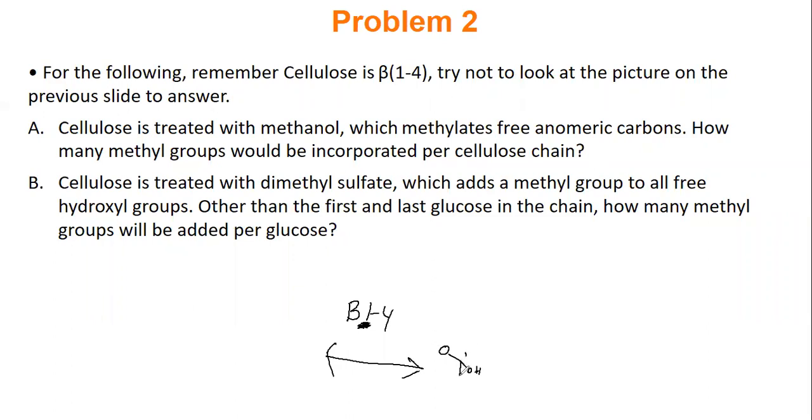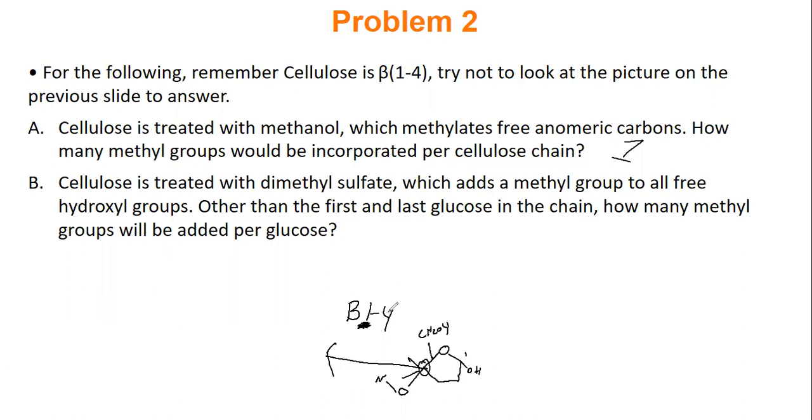That's carbon 1, 2, 3, 4, 5. Sorry, that's a very bad drawing. The last glucose is going to be connected at the 4 position because of beta 1,4, but it won't have another glycosidic bond because it's at the very end. That's why it has a free anomeric carbon, and that's why you'll have one methyl group per chain.